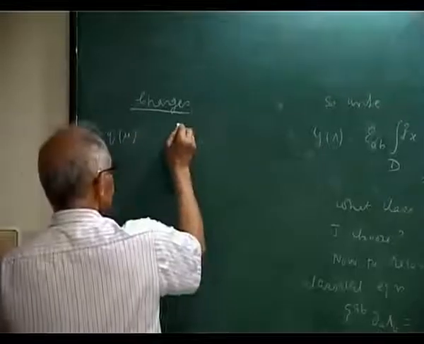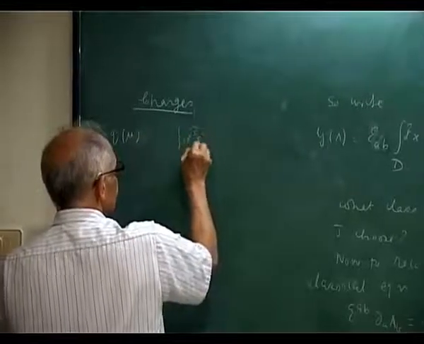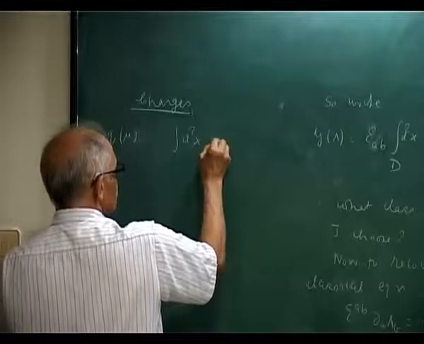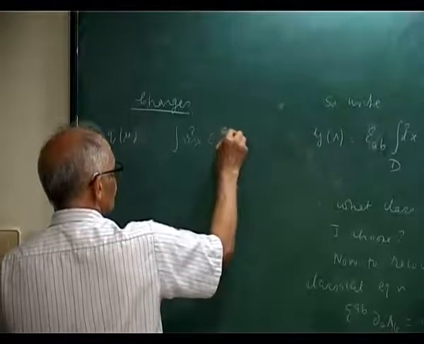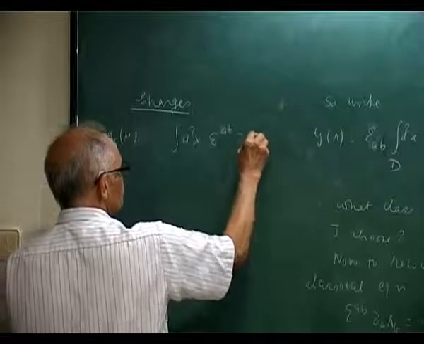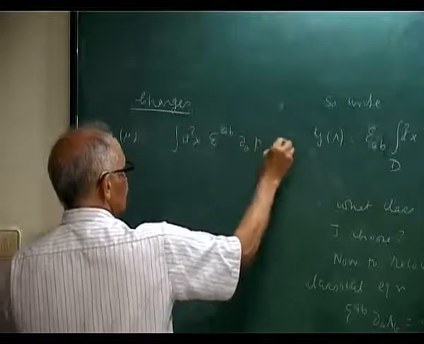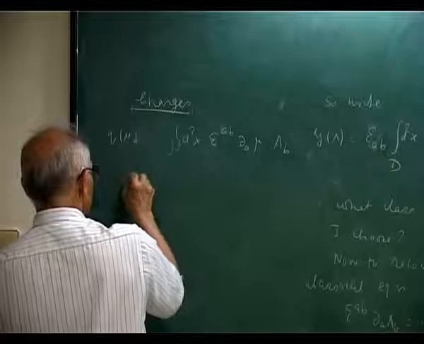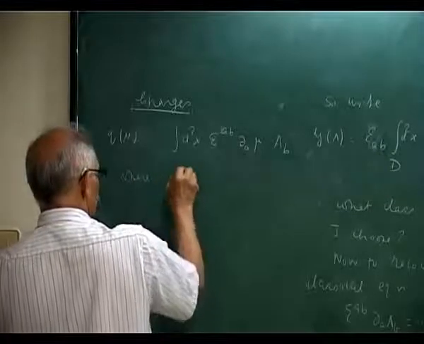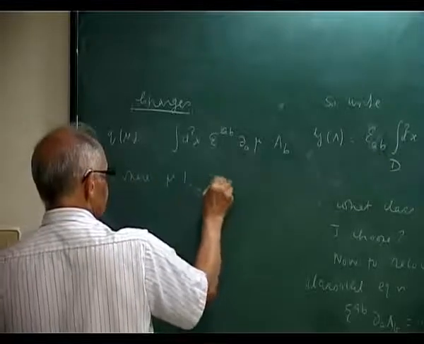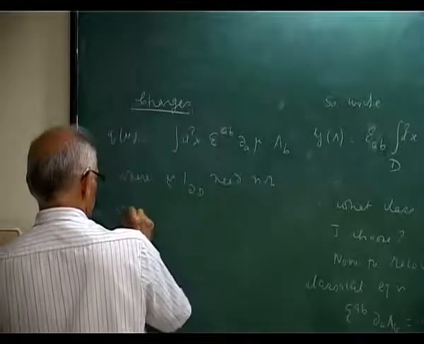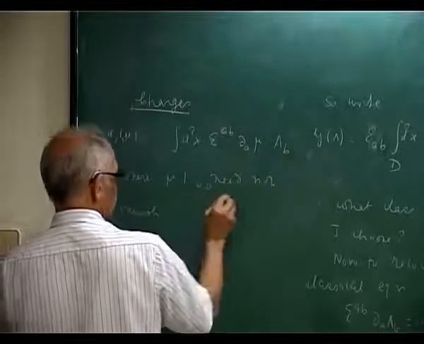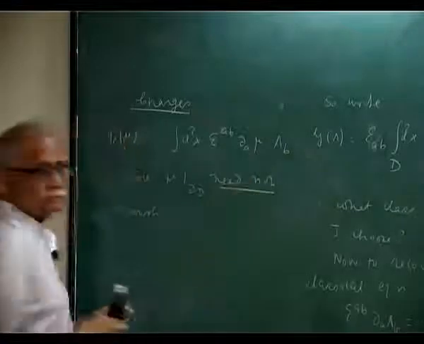It will look exactly like what I did, d2x, epsilon AB, dA of mu AB, where mu at the boundary need not vanish.